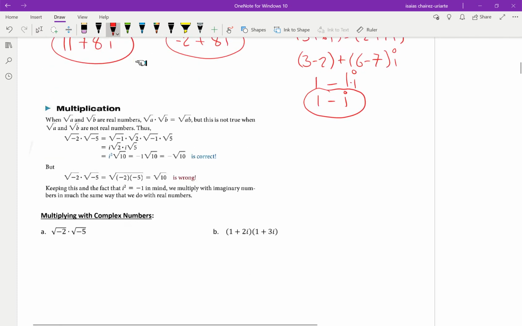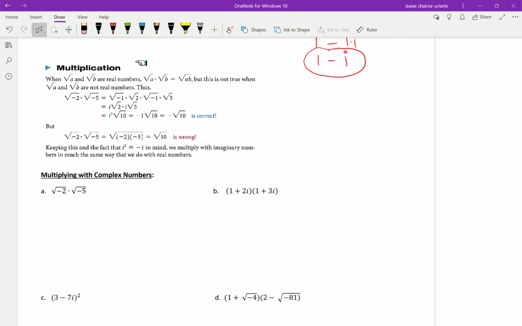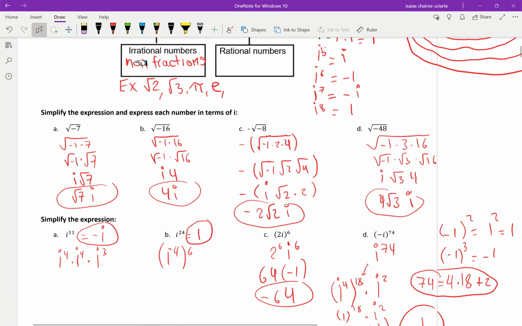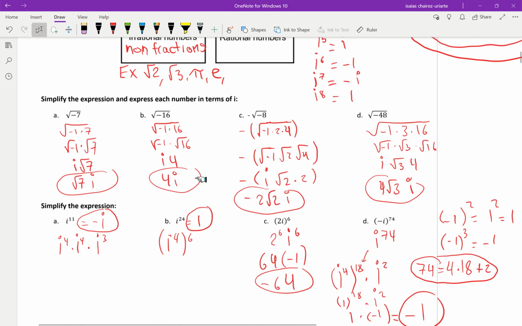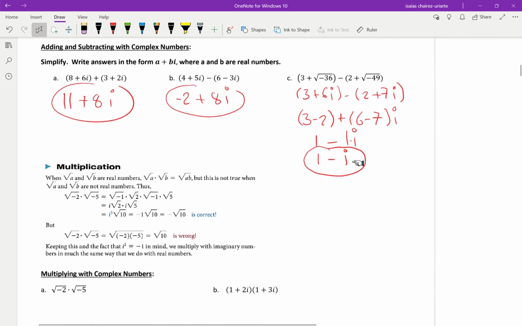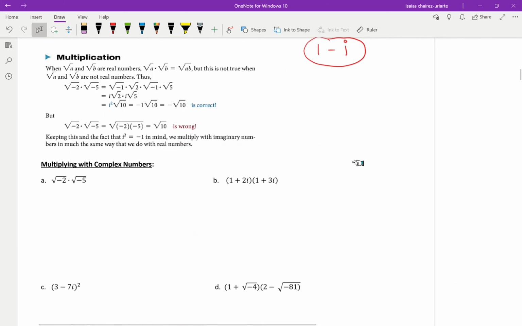All right, let's deal with multiplication now. Earlier I was kind of violating some rules when we were simplifying these expressions, and you'll see what I was doing wrong here. We gotta be careful. There's this little rule right here.